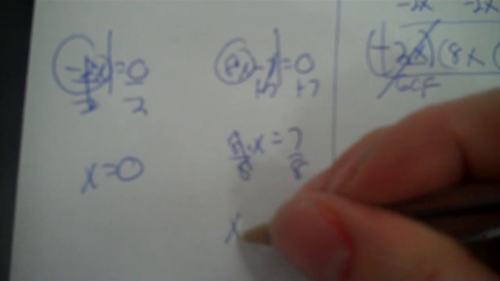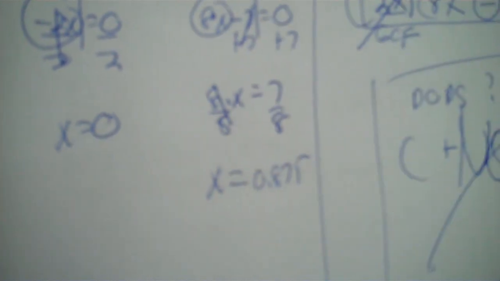Now you divide by 8. You can't drop it if it's 8. And then 7 divided by 8 is 0.875. If you don't like that, just second PRB it, it'd be 7/8. Okay, there you go.